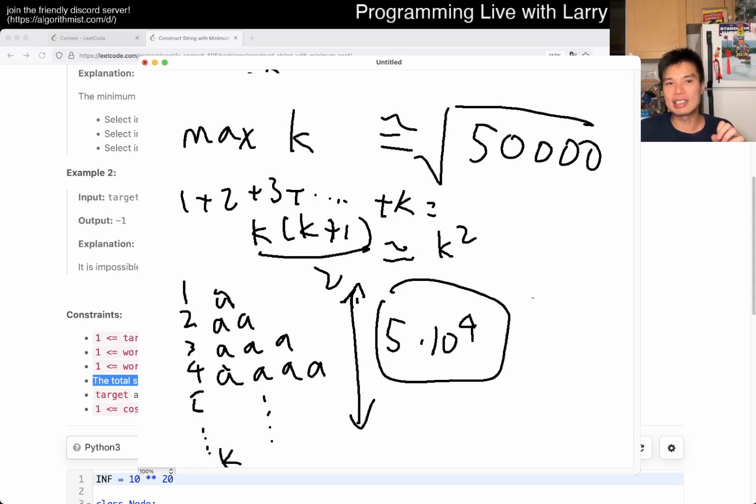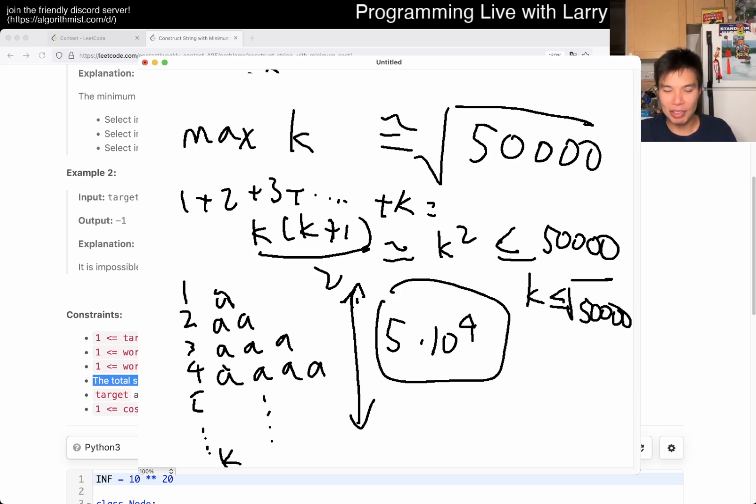But yeah, so this is K squared, and K squared has to be less than 50,000. So that means K is less than the square root of 50,000, right? And what is that? I forgot. Let me get out my calculator so you can see. It's about 223, right?